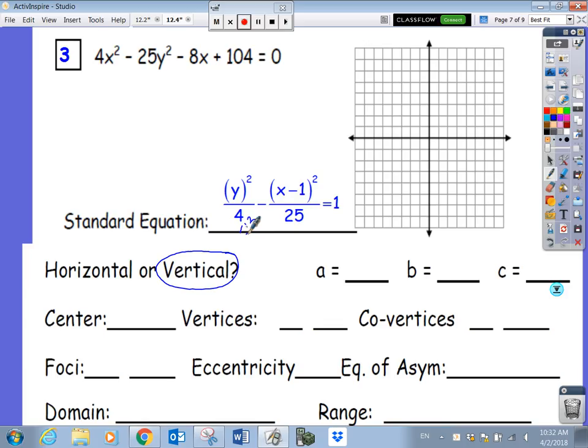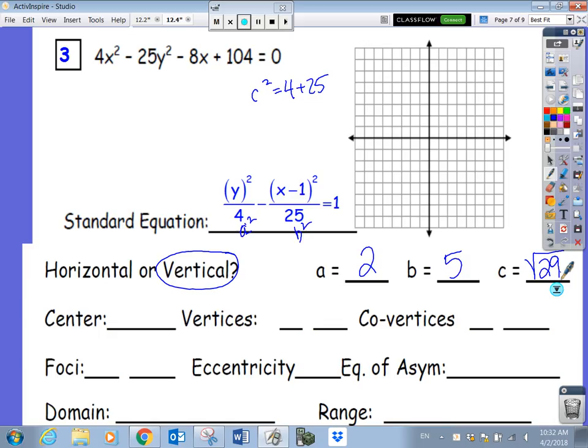This is a squared, this is b squared. Hyperbolas, a squared is first, ellipses, a squared is bigger. So a is 2, b is 5, because those are distances. C squared equals 4 plus 25. So the square root of 29 can't be simplified.